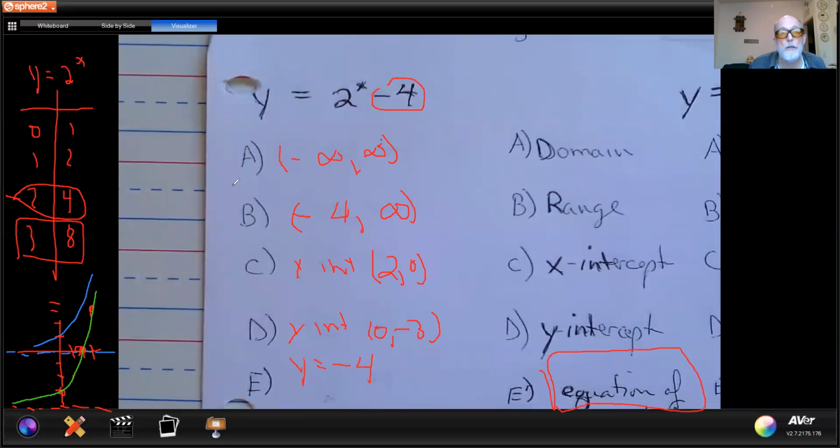It changed everything here, right? That made all of these change. When I slide the asymptote down, the domain's the only thing that stayed the same. Everything else moved down. Remember, this is the normal graph, and the new graph is down 4 from the normal graph.